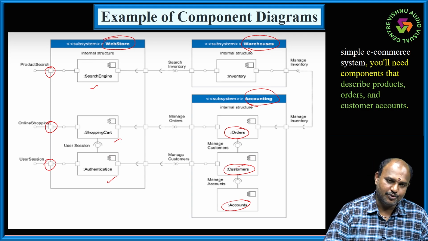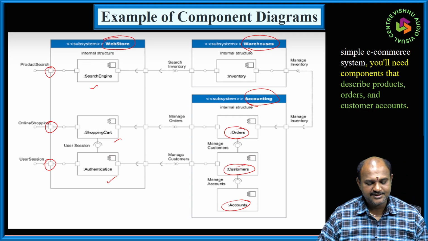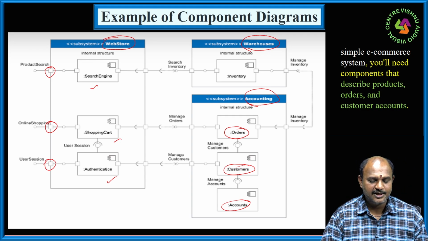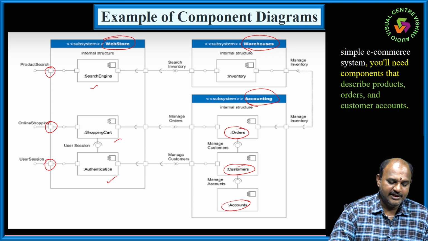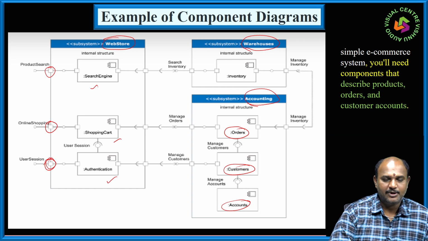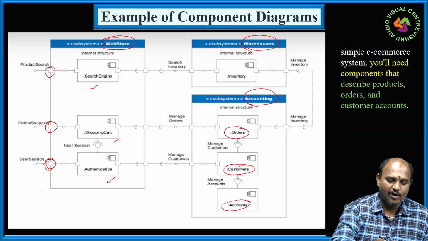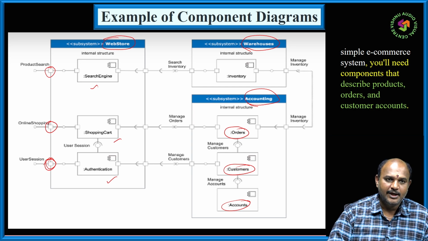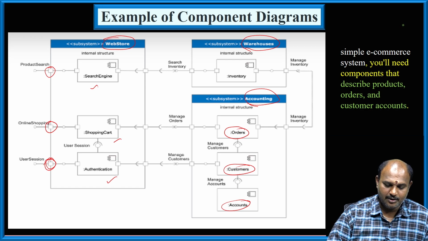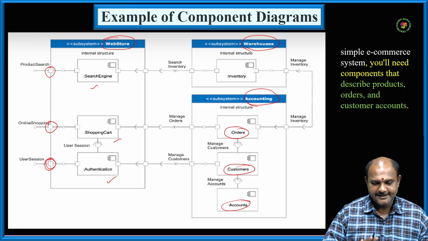There is also an authentication session, so whether the user is valid or not can be identified through a port. So we require all of these ports. Through ports only, we communicate with the web store.